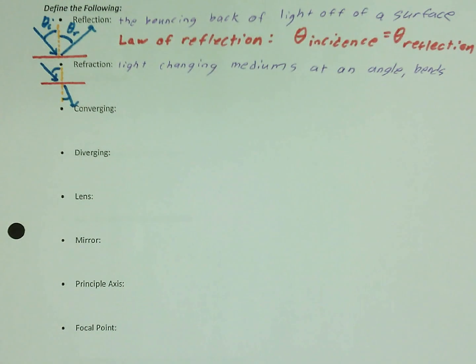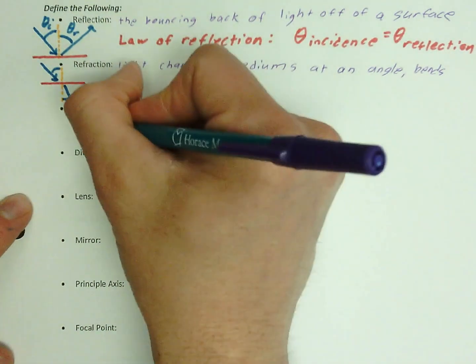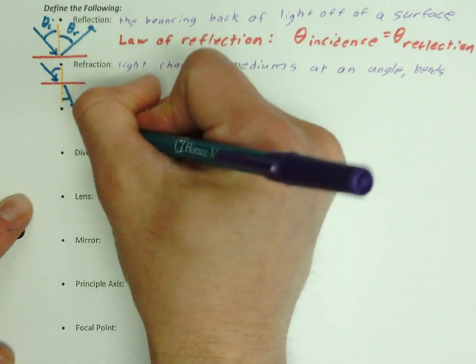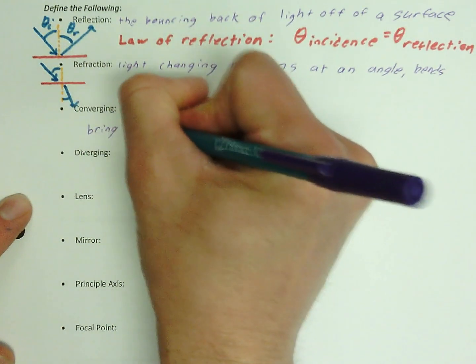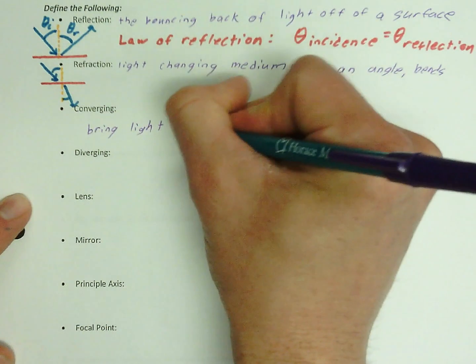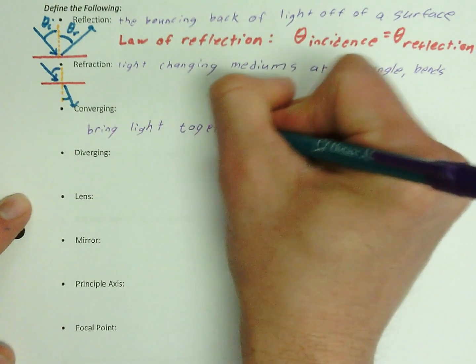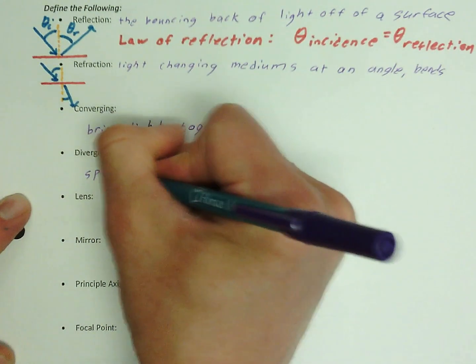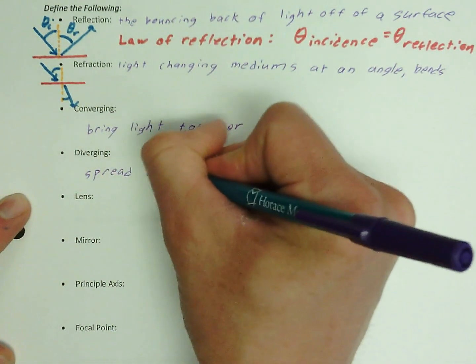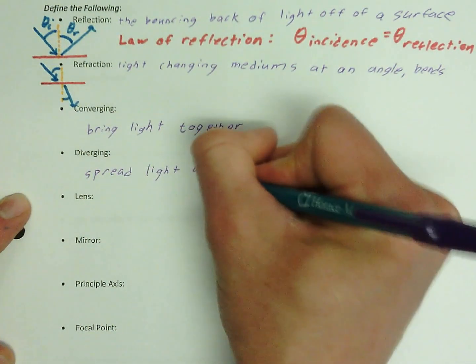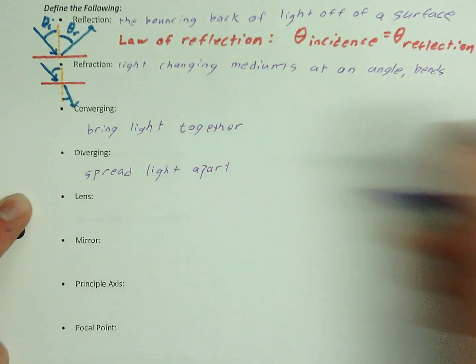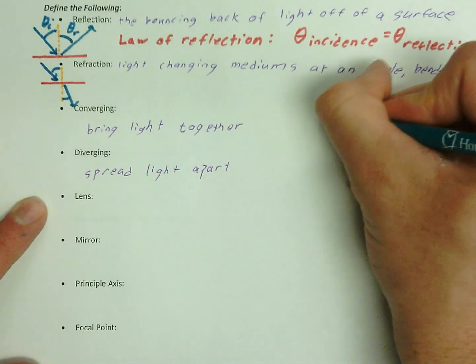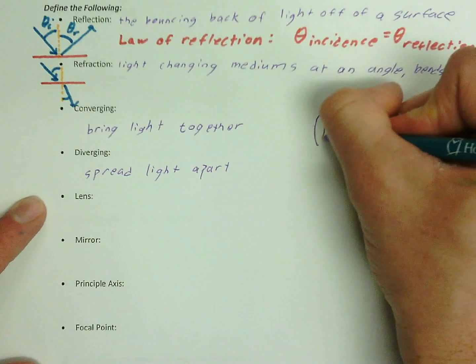Okay. All right, converging and diverging. Converging is when light gets brought together, and diverging is when you spread light apart. We're going to mostly deal with lenses in this unit. So one type of lens looks like this.